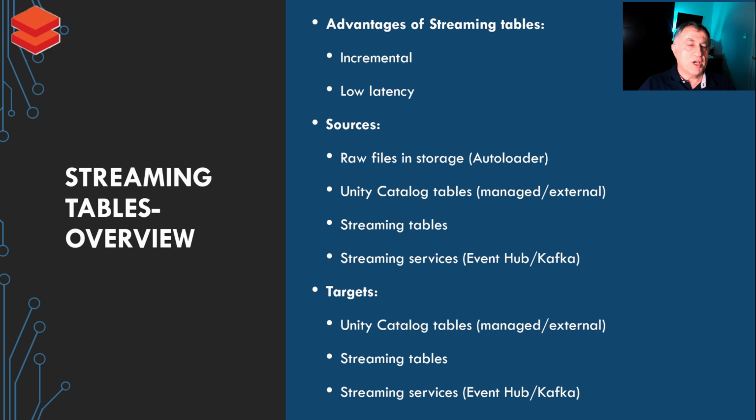Now, where can you write from streaming tables within your declarative pipelines? You can push the data from streaming tables to Unity Catalog tables, whether it's managed or external. You can also write into other streaming tables as well as streaming services like Event Hubs and Kafka.